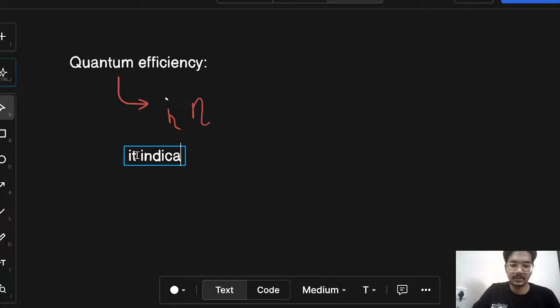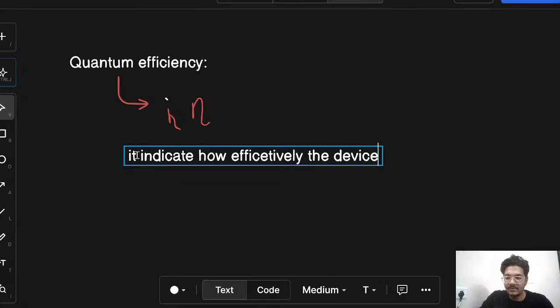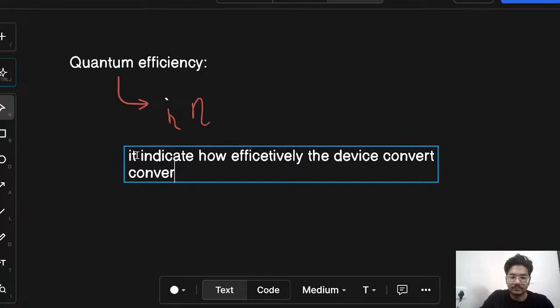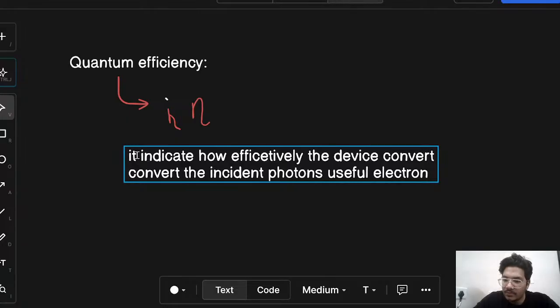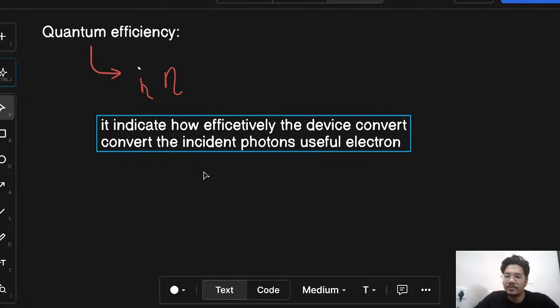It indicates how effectively the device converts incident photons to useful electrons.